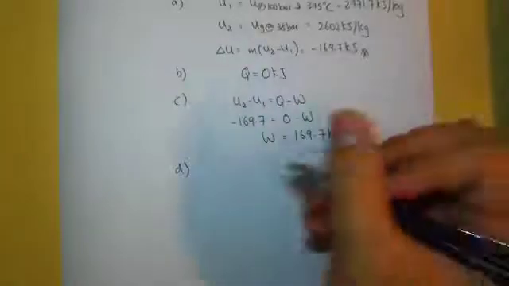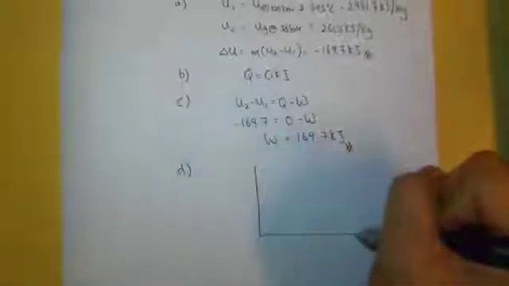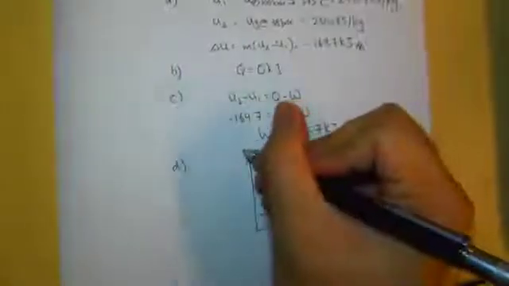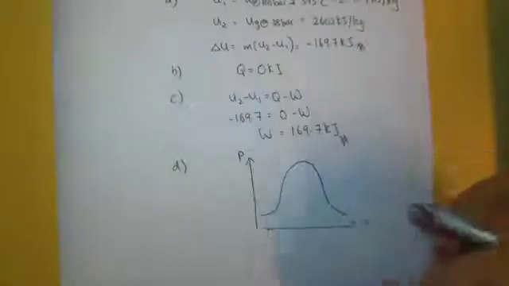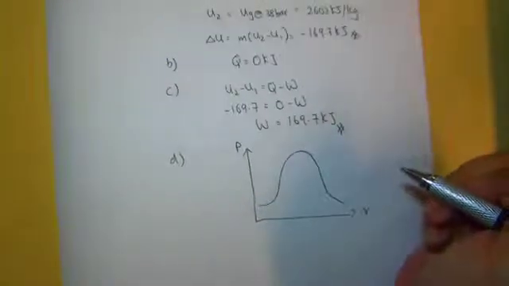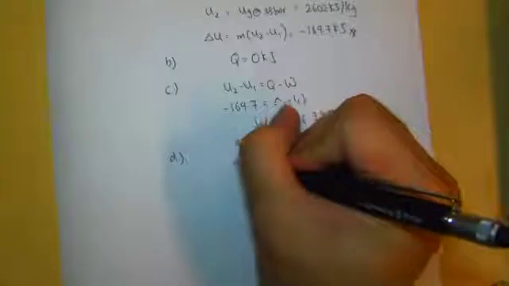D. Sketch the above in the PV diagram. So the initial stage is superheated, at 100 bar, so around here.